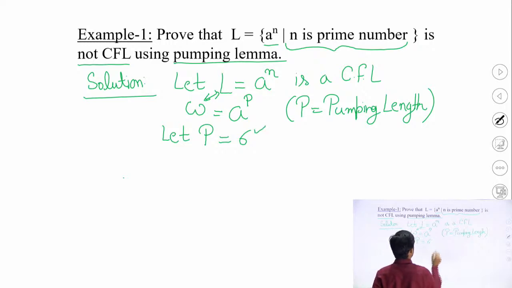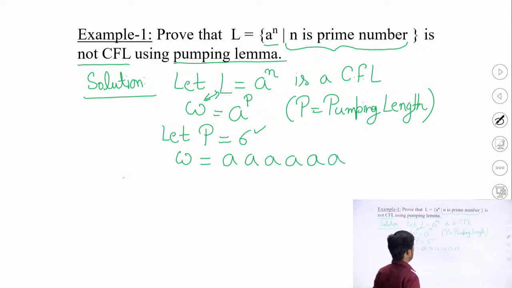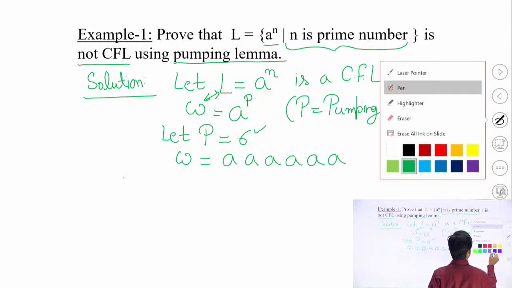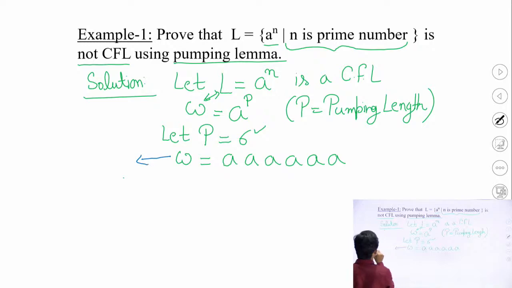So now w equal to a, 6 times a. Now we divide this w into 5 parts. What are those 5 parts? u, v, w, x and y.